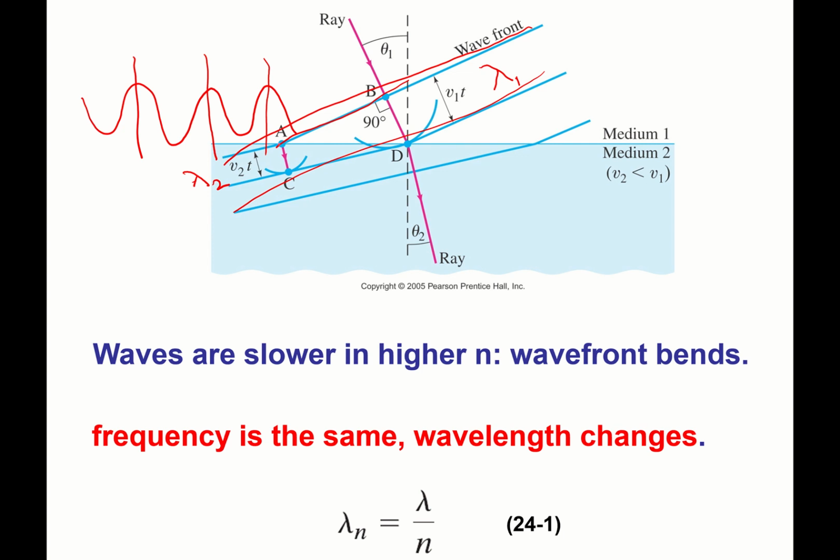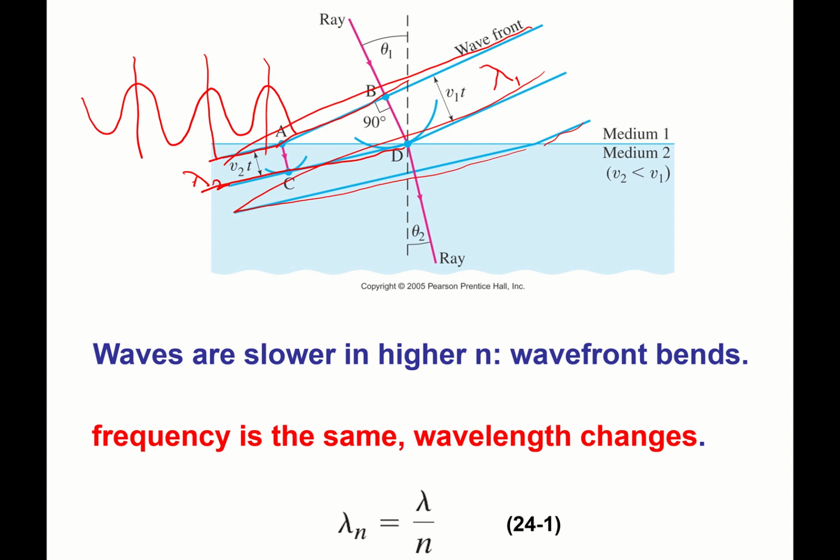When they enter some mud, they're going to slow down, and so then that wavefront is going to bend slightly as the soldiers enter. As the wave goes further and further, more and more of the wavefront is bent. And so that means that the line perpendicular to that wavefront also bends. And it bends towards the normal to the interface between the concrete and the mud in this case.